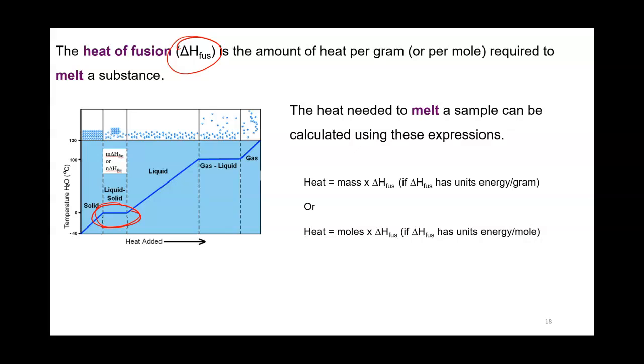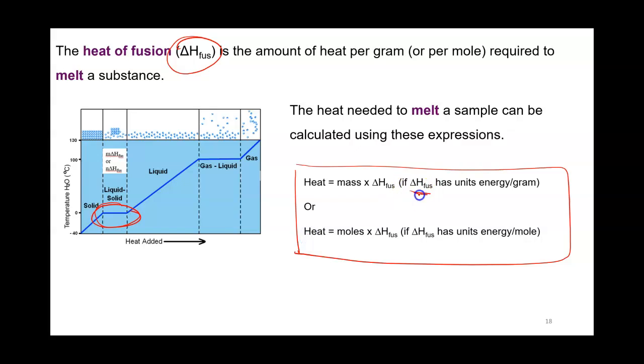So the heat needed to melt a particular sample can be calculated using these two expressions, and the expression that you choose depends upon whether the heat of fusion is given to you in units of energy per gram or energy per mole.